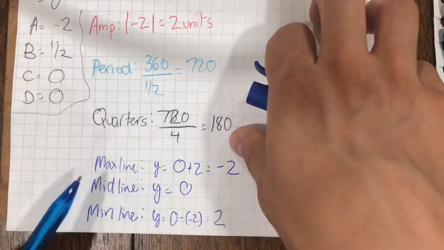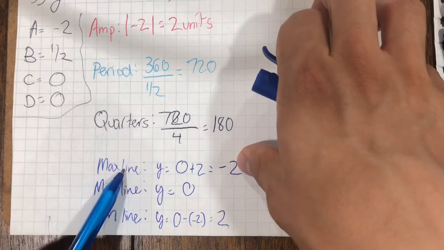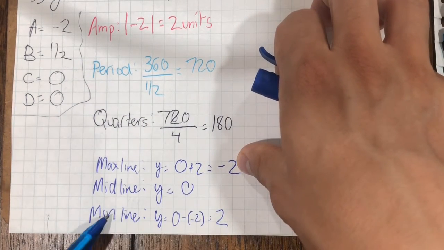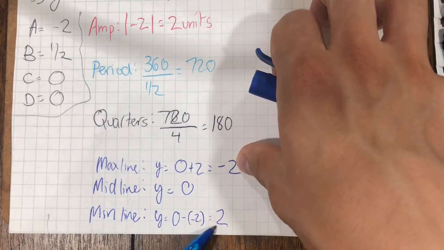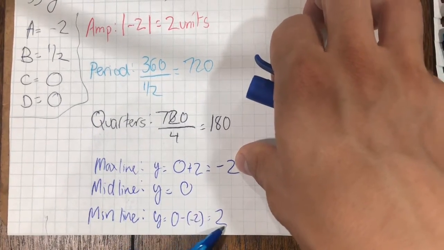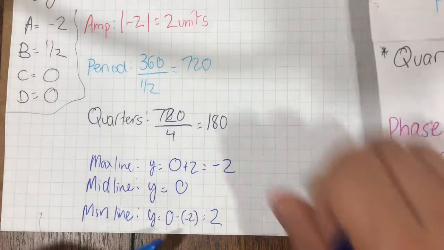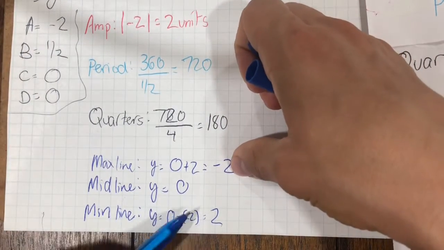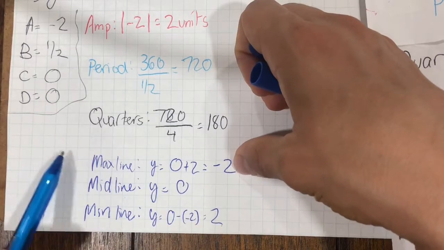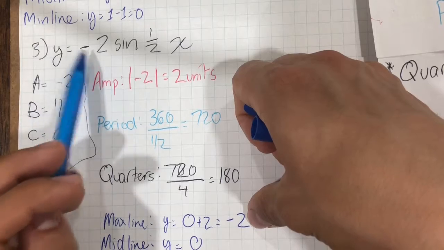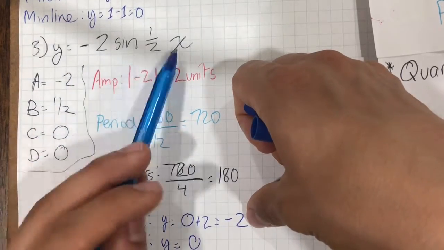And if we notice something, we see that the max line equals the smaller number and the min line actually equals the larger number. So even though I did the technique correctly, I do come up with two answers that are in the wrong spot. So there are going to be some situations like that when you have a negative number in front of the whole trig function.